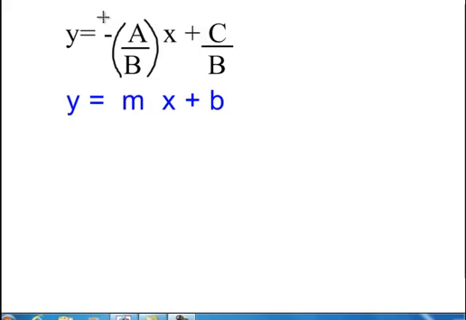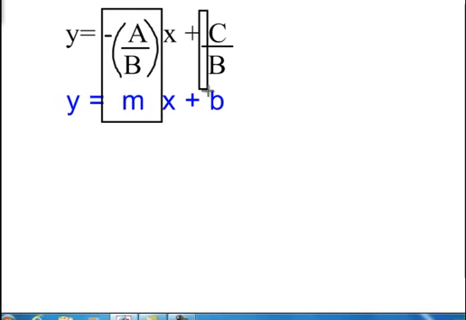If I take my y equals the opposite of a over b times x plus c over b, and I write the slope-intercept form right underneath, y equals mx plus b, I start to notice that, look at that. The opposite of a over b is exactly the same as m, which would mean that slope is not only m, it's the opposite of a over b.